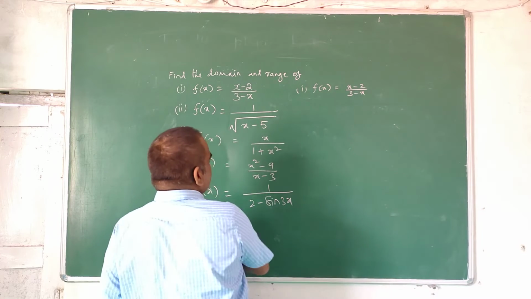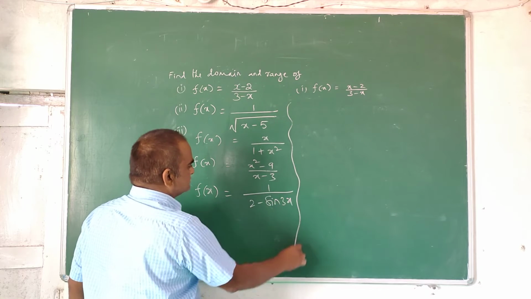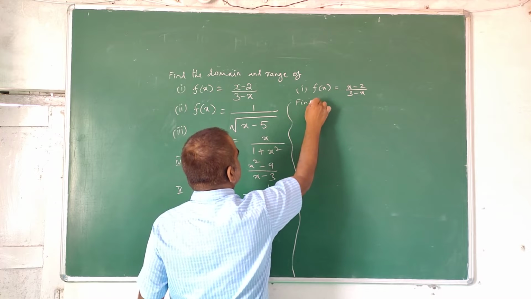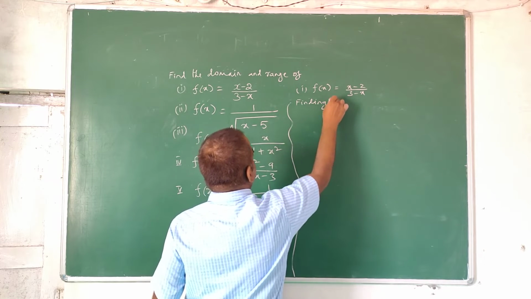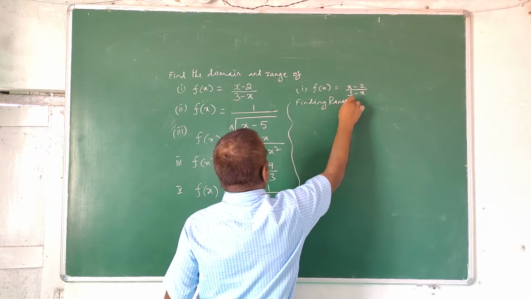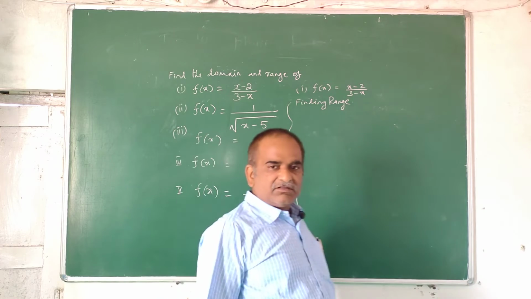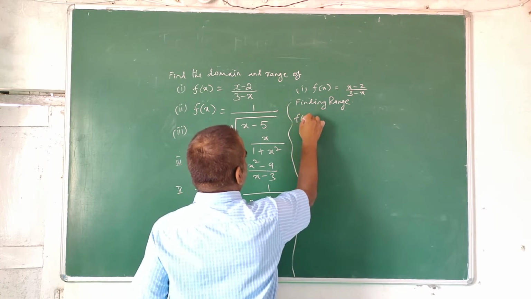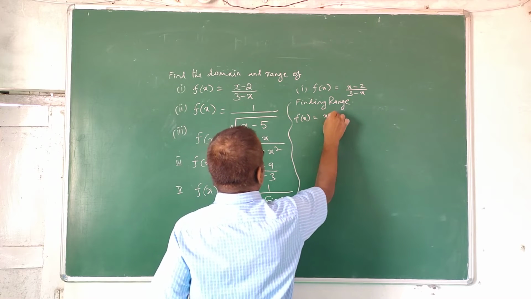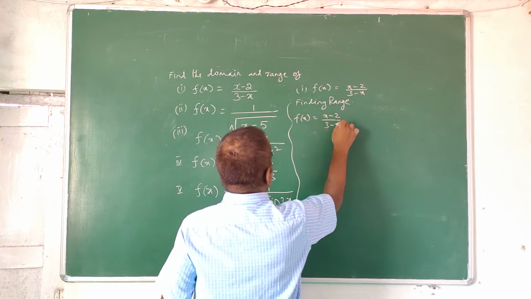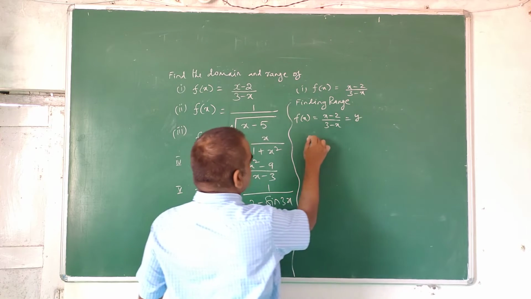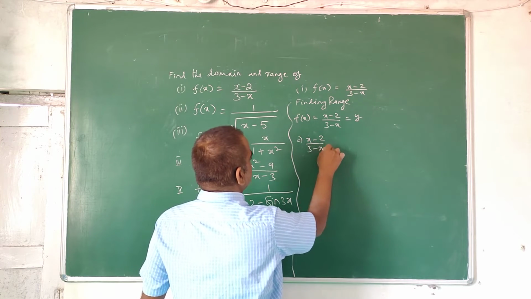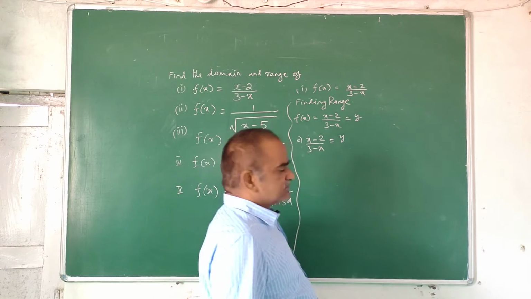So now, finding the range. To find the range, you have to consider that f of x is equal to x minus 2 by 3 minus x is equal to y. Implies x minus 2 by 3 minus x equal to y.